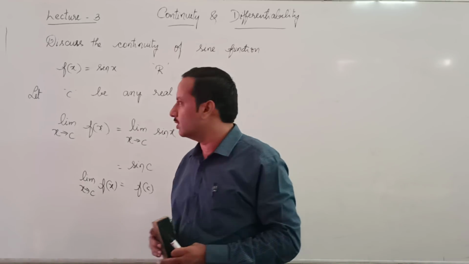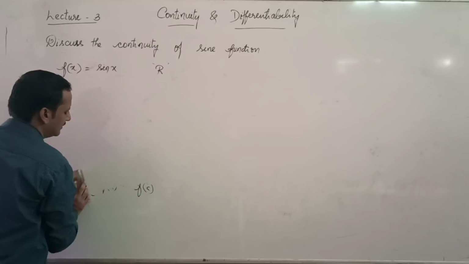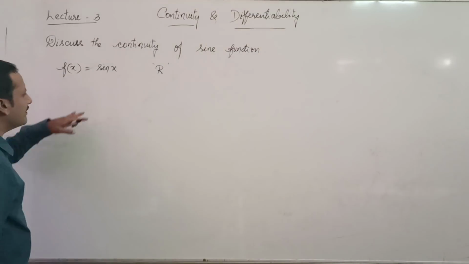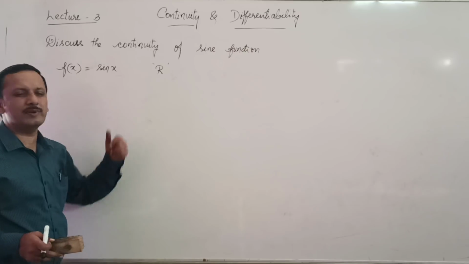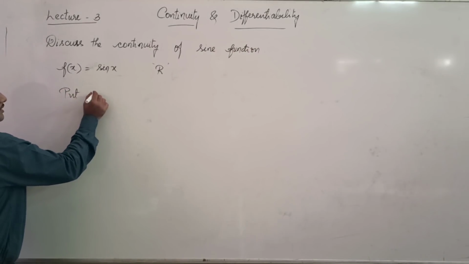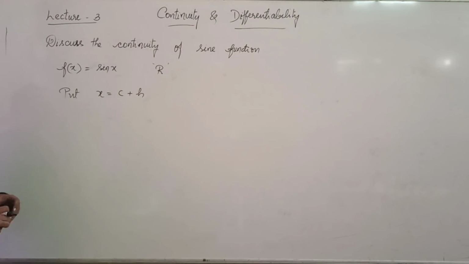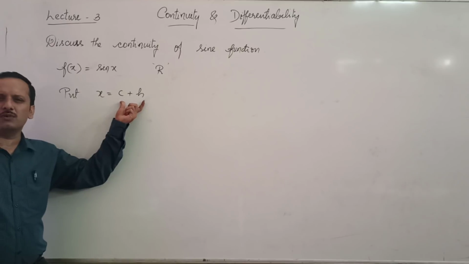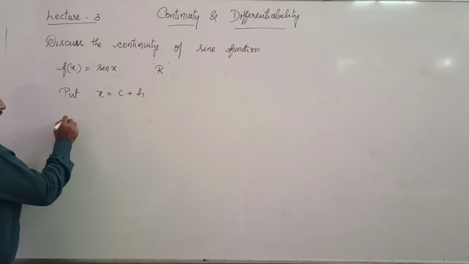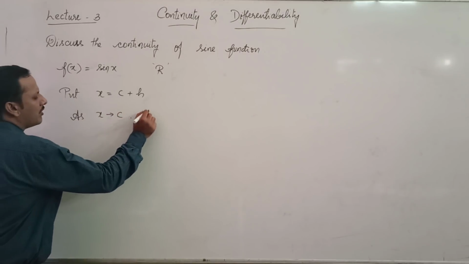There is another way of solving this problem. I'll explain that also. We have taken f of x equal to sin x and the domain is the set of all real numbers. I will make a substitution, that is, put x is equal to C plus h. Now, as x tends to C, what will happen to h?